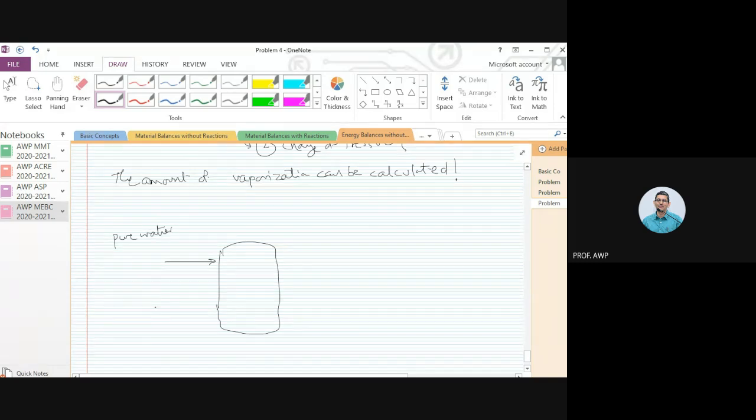We can even do this problem just now. Suppose we have pure water at 10 atmosphere absolute pressure, at some temperature, let's say 180 degrees centigrade. It is saturated.